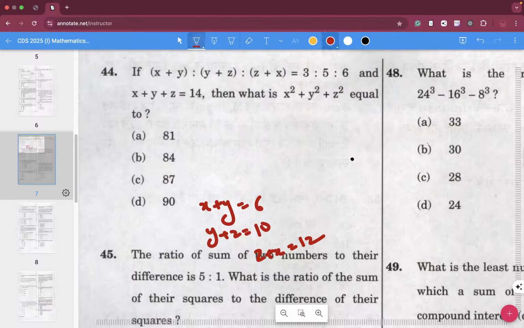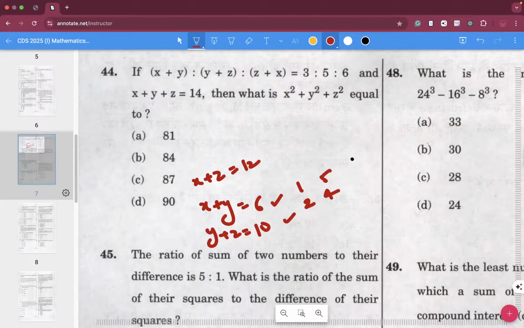So I'll just write it down over here again. Z plus x is equal to 12, x plus z is equal to 12. This is what you have, folks. Now if you look at these, how can you get x plus y is equal to 6? x can be 1, y can be 5. Let's say x is 2 and y is 4.